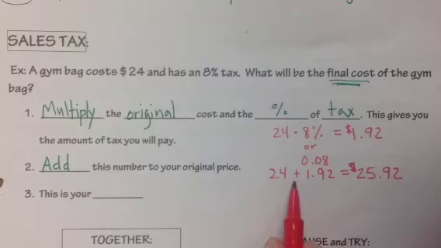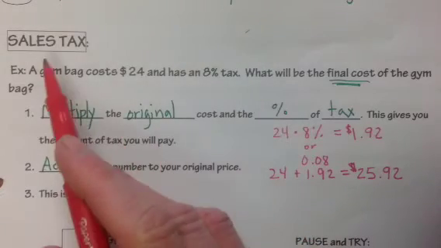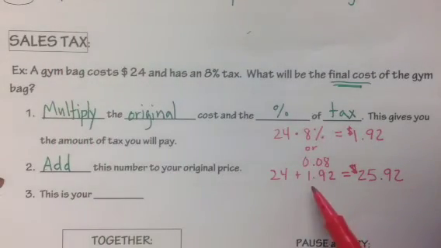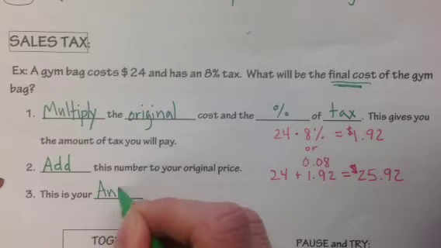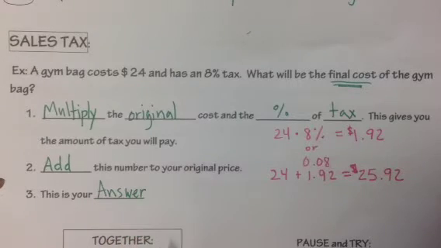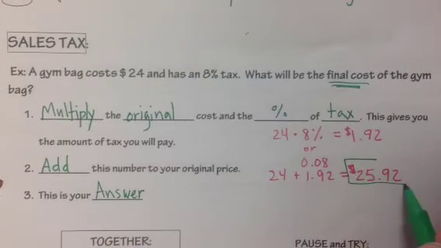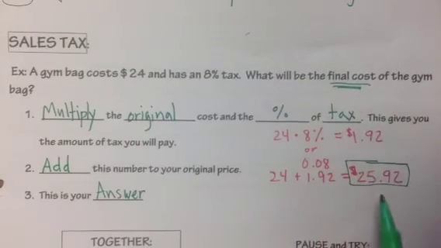Now the reason why I'm adding is because it's a sales tax. Tax adds on. If it was a discount, which we're going to talk about in a couple days, or tomorrow I guess, it would actually be the opposite of that, subtracting. Okay, and then finally this is your answer. And so we know that we're going to end up paying a final cost of $25.92.